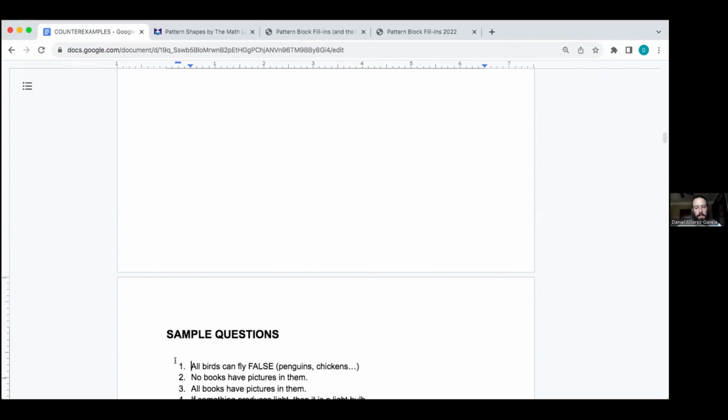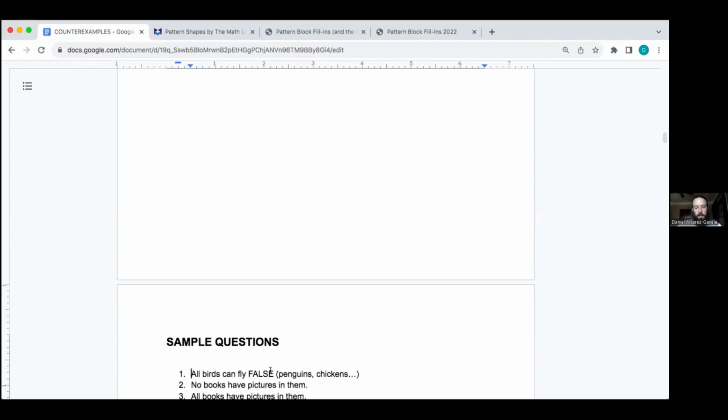Okay, so what about the statement, no books have pictures in them? I claim that no books have pictures in them. Is it true, or is it false? And if it's false, I need a counterexample. Can you prove me wrong?